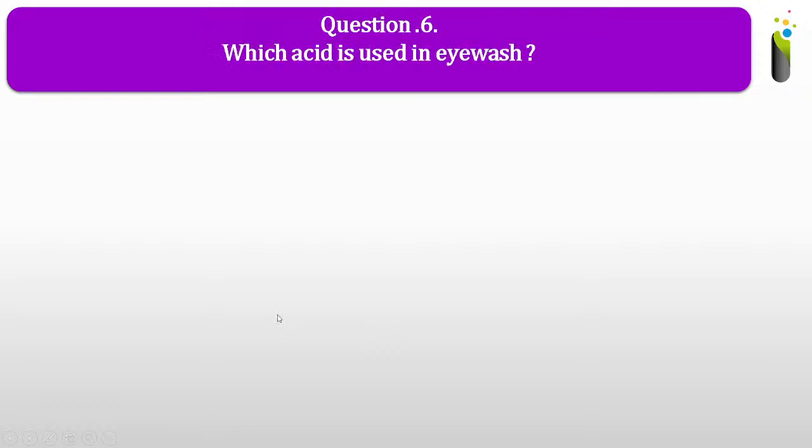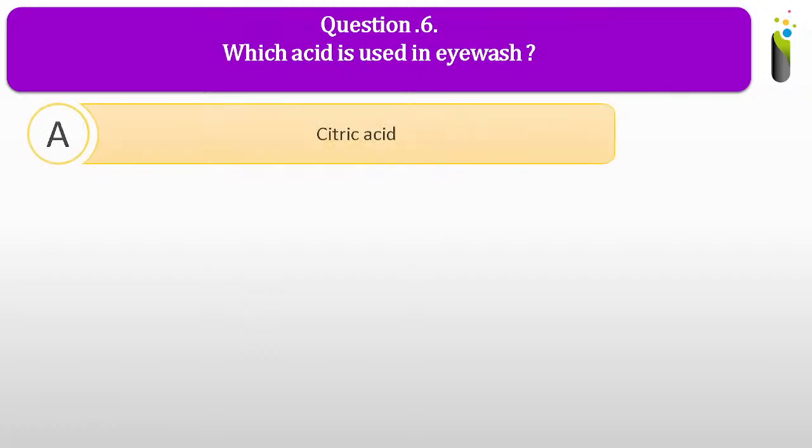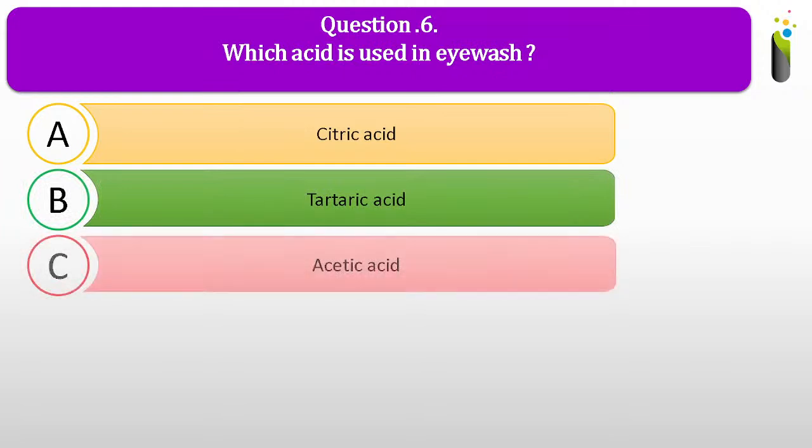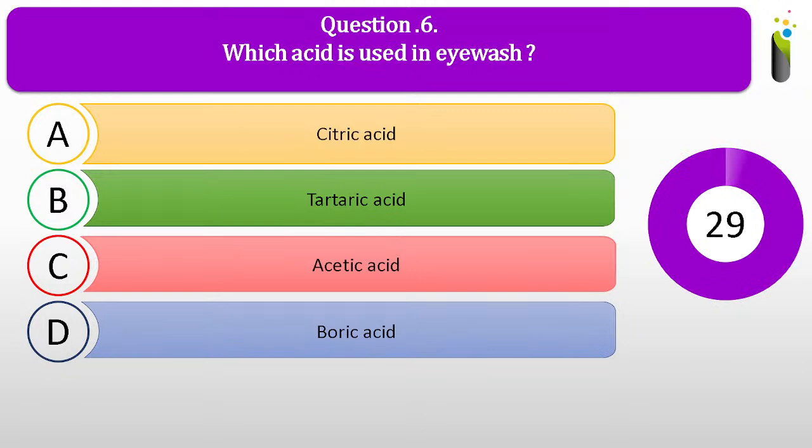Which acid is used in eye wash? A. Citric acid. B. Tartaric acid. C. Acetic acid. D. Boric acid. Which of these acids is used in eye wash?